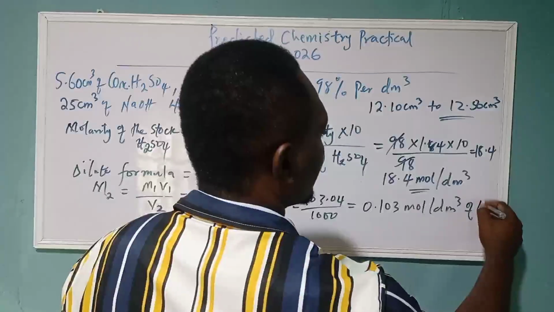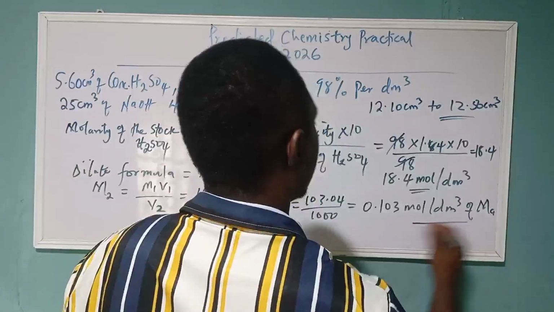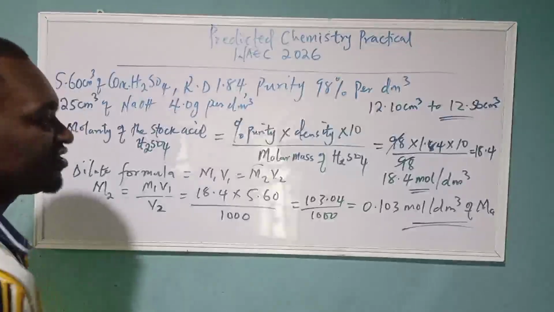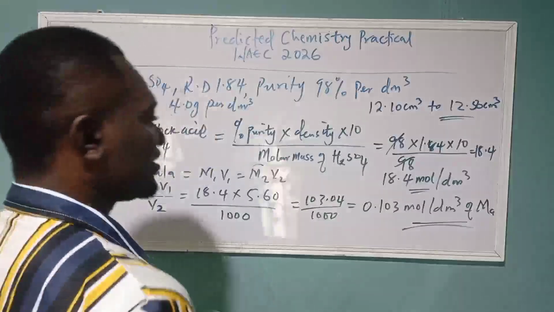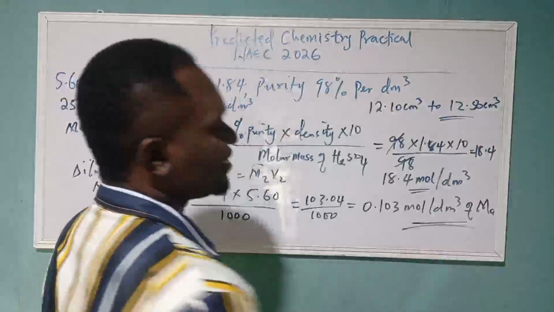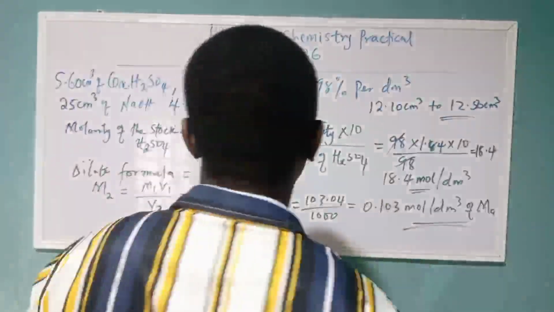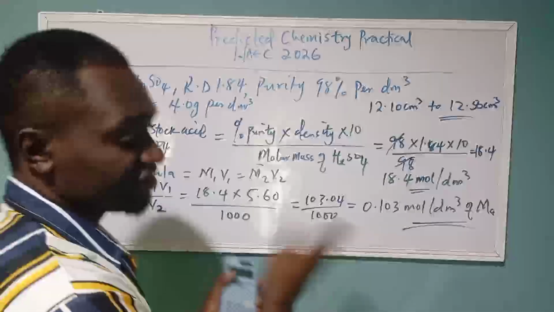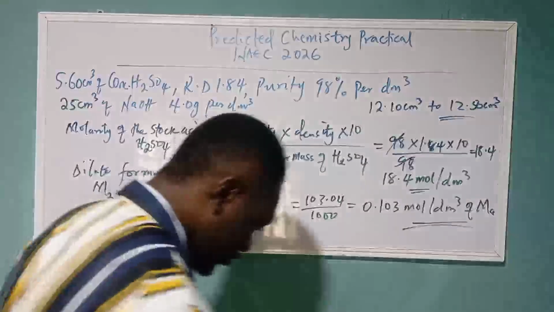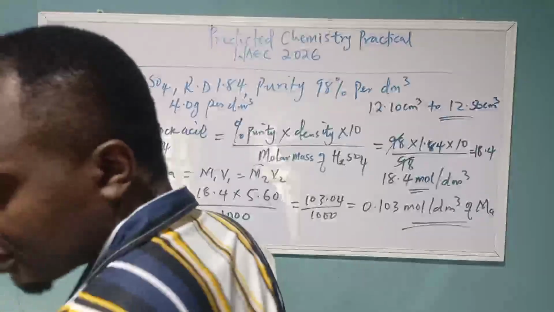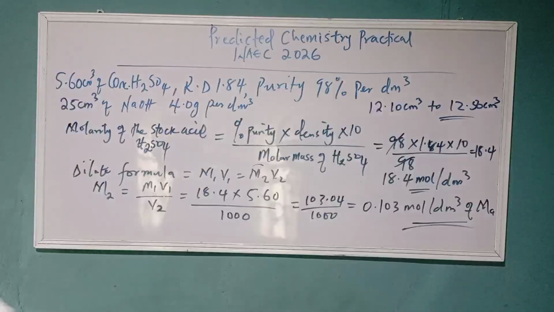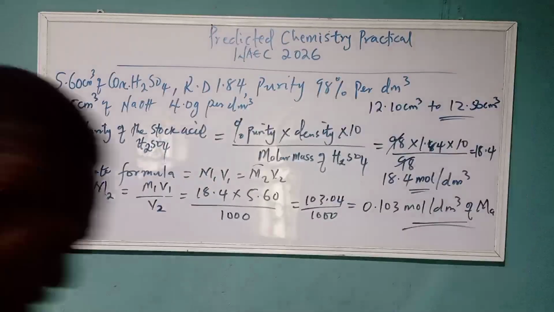We can call this MA. So this is how we get the molarity of the acid finally in this calculation. If you have gotten this, I will erase it and then we go on to finding the molarity of the base, which will also help us to finally find the volume of the acid used.